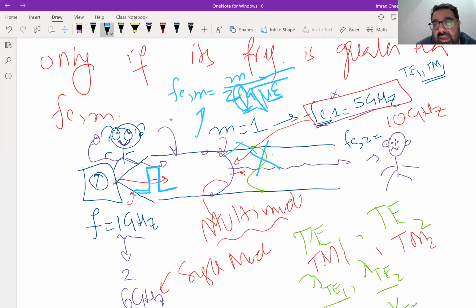What can I do here to make sure that this mode is not propagating? If my source frequency is 11 gigahertz, I need to push this cutoff frequency away from 11 gigahertz, to more than 11 gigahertz.